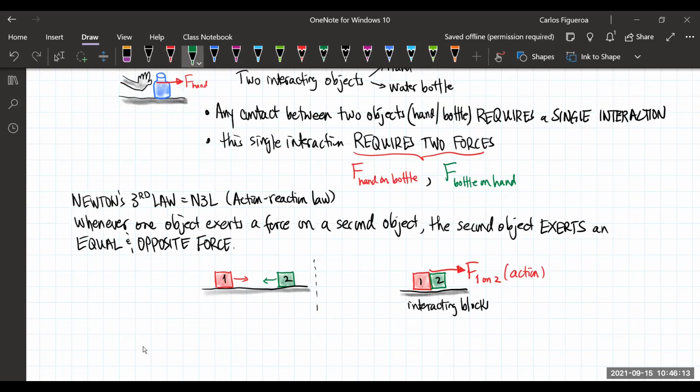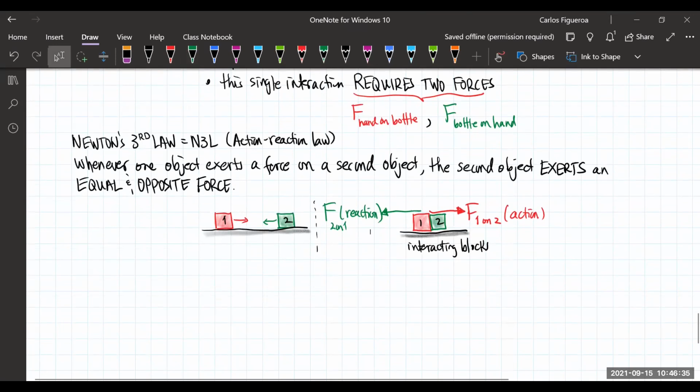Newton's third law says that now there is an equal and opposite force. This will be force 2 on 1, and this is known as the reaction.